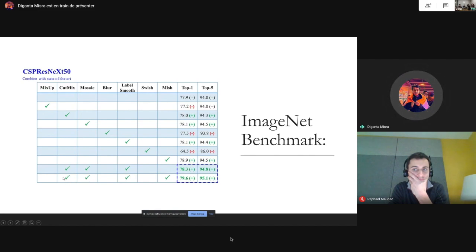Then we combined all of those state-of-the-art algorithms that we use, CutMix, mosaic, label smoothing with leaky ReLU, and we got 78.3. But when we added Mish activation, we got another 1.3% increase on ImageNet.